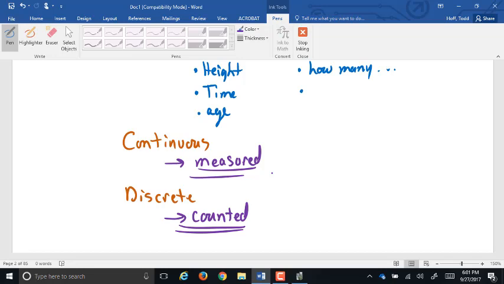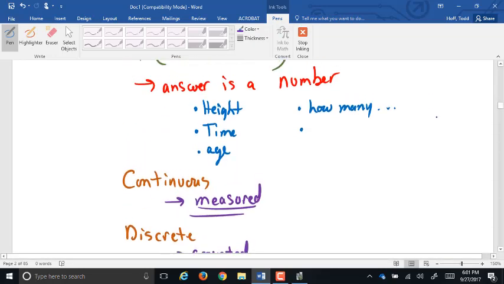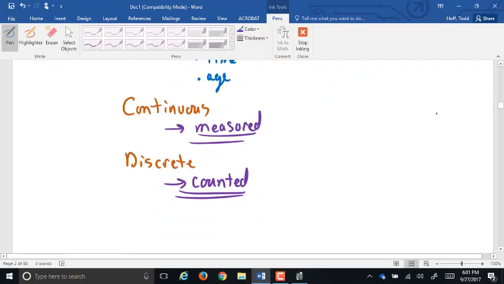Things like those are discrete. There's gaps in between. Continuous is there's no gaps in between. A technical definition of continuous is no matter how close two numbers are together, you can find a number between them. So those are continuous variables. I like just measured and counted, though. Those are pretty simple. So those are types of those numerical variables.